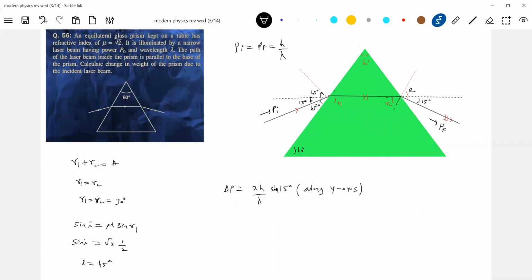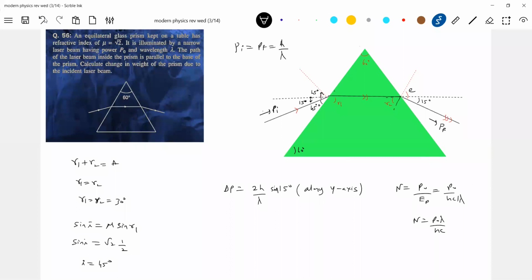So how many photons are striking per second? How to calculate that? So he has given the power. So power by energy of photon will become number of photons striking. So this will be P naught lambda by hc.